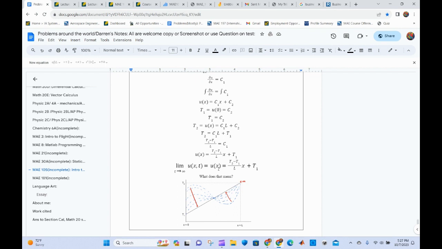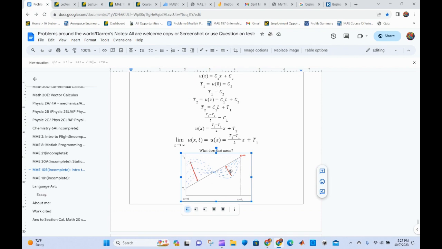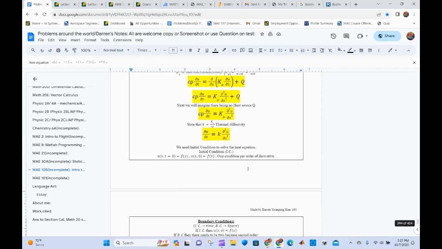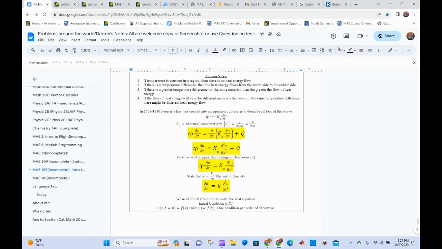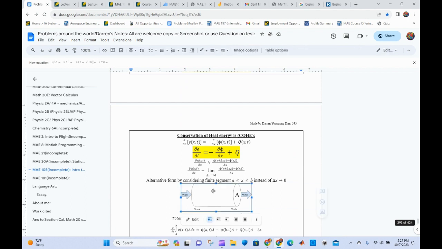A rod that has different temperatures here, so temperature 1, a rod. If you look at this in reality, oh, I forgot I literally used Jamboard with a snip to get that answer. So if you look in here with the segmented line, we're transposing it into a temperature line.